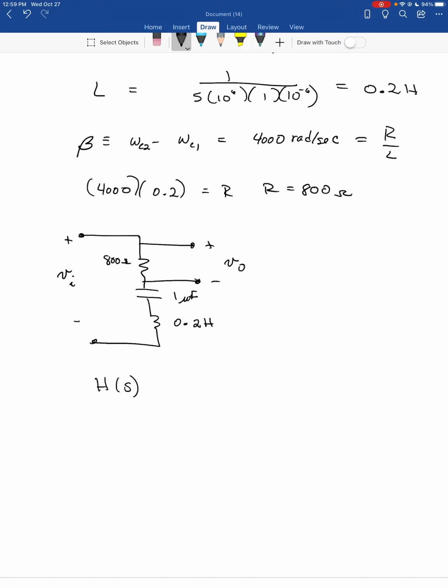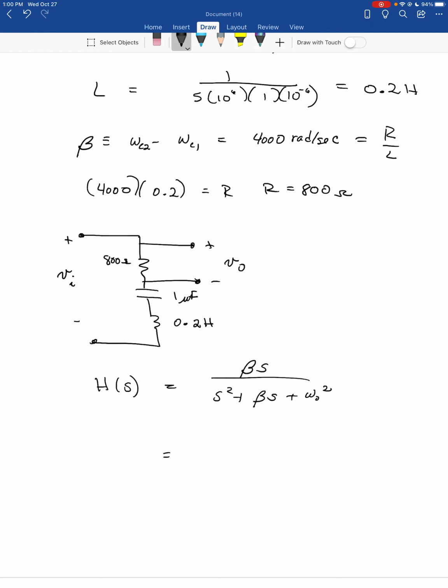Now the transfer function. I can either plug in the components, the R over L, and the R over 2L, and the 1 over the square root of LC, or 1 over LC to get that, or I can realize that the general equation is that H is beta S over S squared plus beta S plus omega naught squared. And I can just use the already calculated values for beta and omega naught.